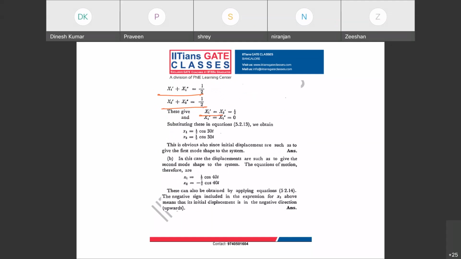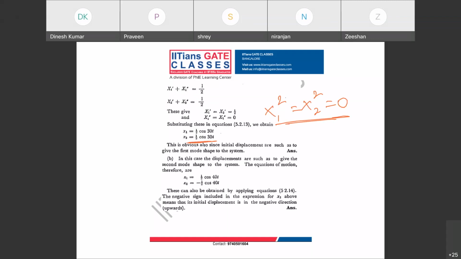From here, the amplitude shows the system vibrates only in the first mode. Why the first mode? Because here, the double dash means 2, so x1 2 is equal to x2 2 and it is coming 0. That means your system vibrates only in the first mode.